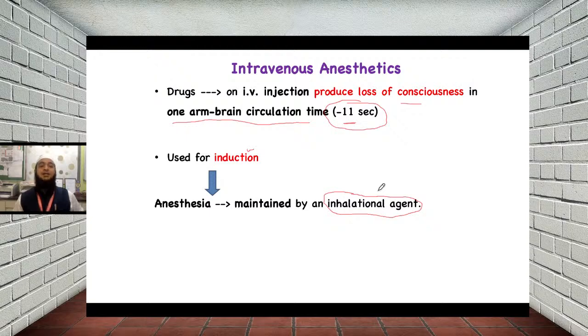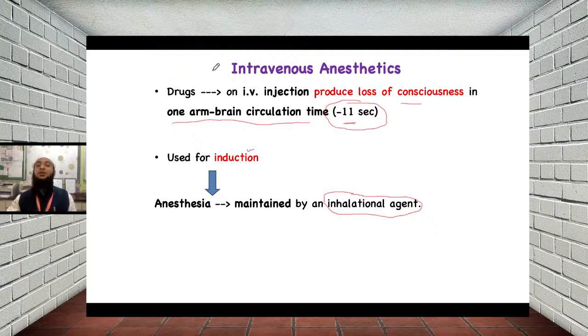But with inhalation anesthetics, although the drug goes into the blood, you are using drugs which have very low solubility in the blood, so they are very volatile in nature. So they produce action in the brain specifically, and the moment you stop the drug, the patient recovers.